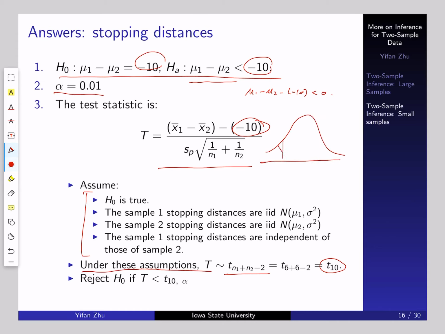That means we will reject the null hypothesis when the test statistic is less than this critical value, where the area under the curve, or the probability to the left of the critical value, is alpha. That means we use the alpha quantile of the t distribution with degrees of freedom 10, t10 alpha.